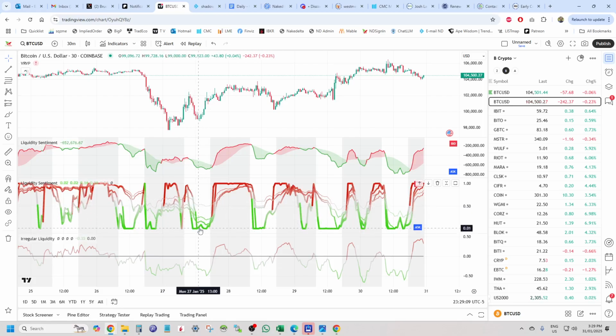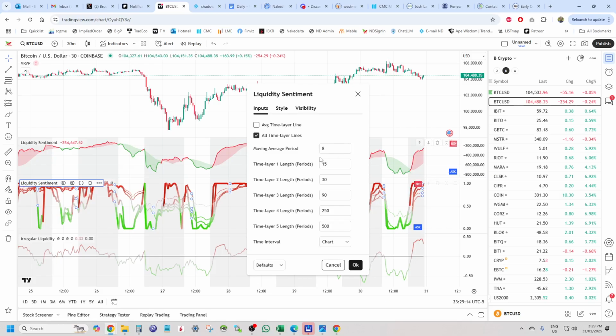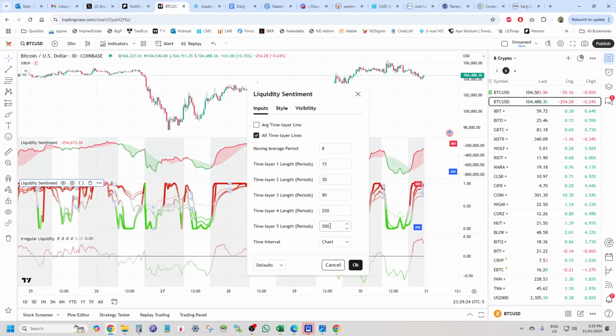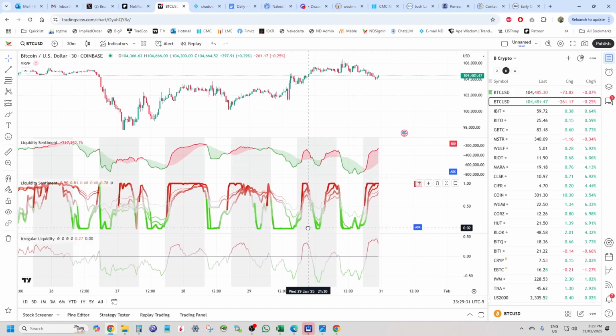So not only was there a great effect in the smallest one, which was the past 15 lots of 30 minutes, this could be days, so the past 15 days, but it's also influential in all of the past 30-minute lots, the past 500 of them. So this convergence of lines gives us a bit of confidence that it is truly in a liquid zone.